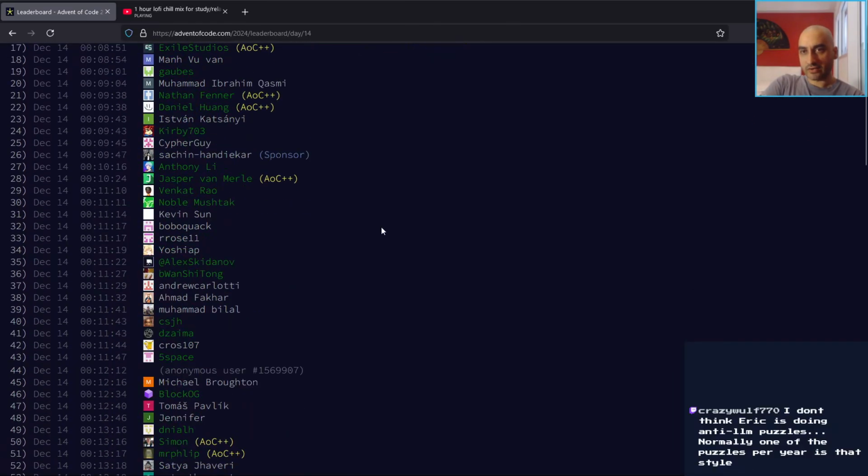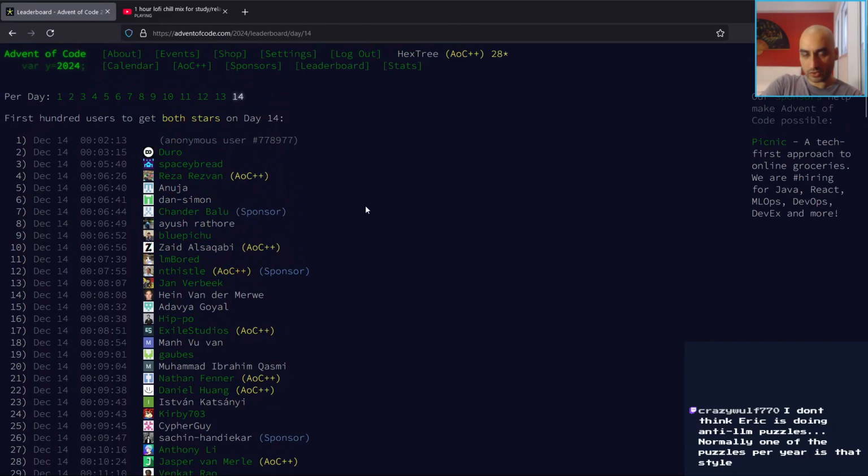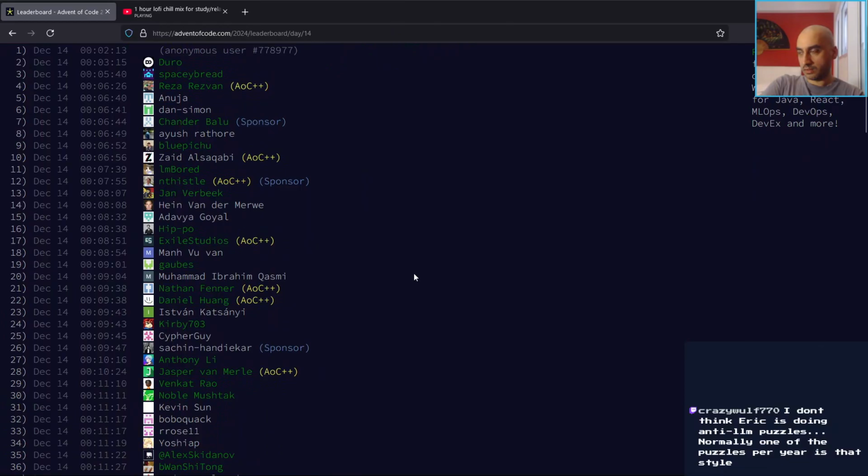I don't think Eric is doing anti-LLM puzzles. Normally one of the puzzles per year is that style. Yeah, I agree. He's done them in the past like that. Although, even before LLMs, this type of problem is good for avoiding cheating by copying or googling answers and stuff, because it involved you to actually have to figure things out, and there's no simple algorithm which gives you the answer.